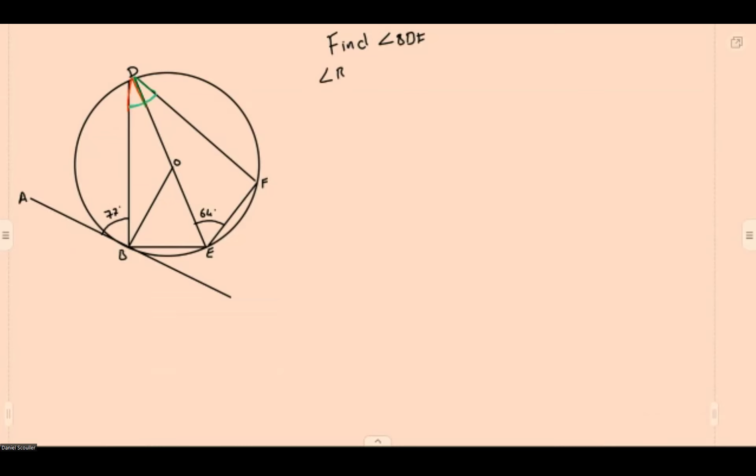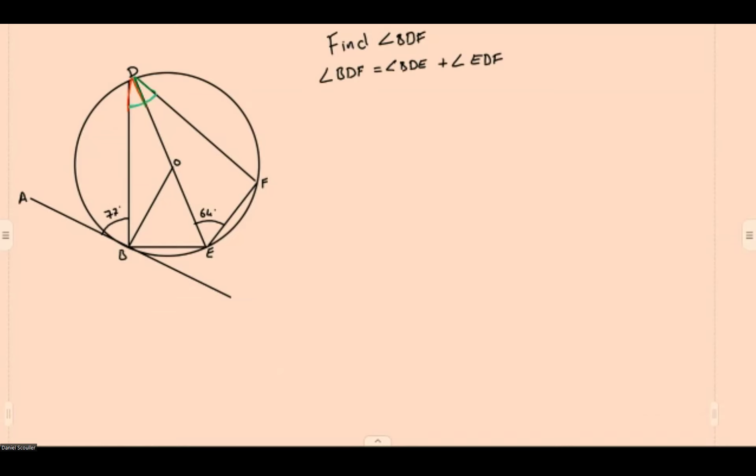Angle BDF is made up of angles BDE plus angle EDF. Does that make sense to everyone so far? So I've just read the question and I'm just starting to build up a picture of what I'm trying to figure out.